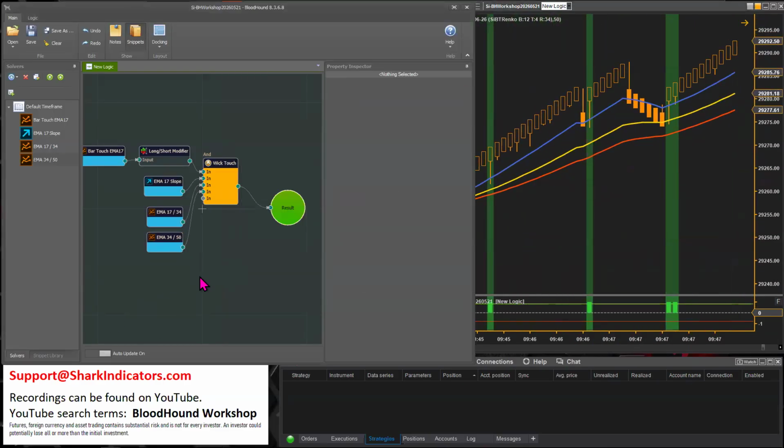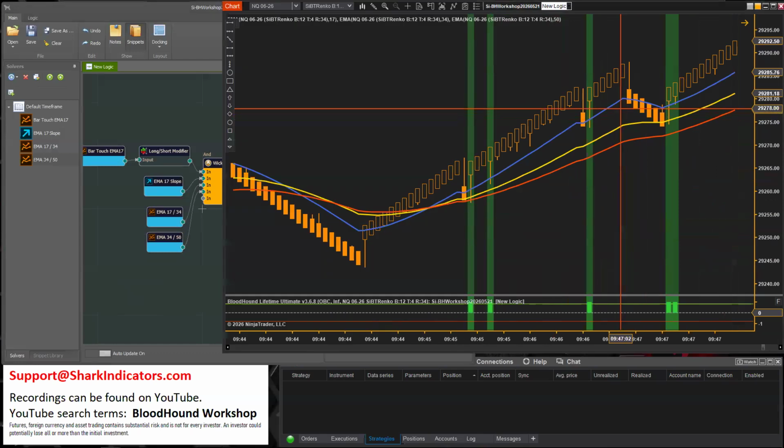Yeah. All right, so now let's move on to the Renko's actually reversing there and generating that signal there.